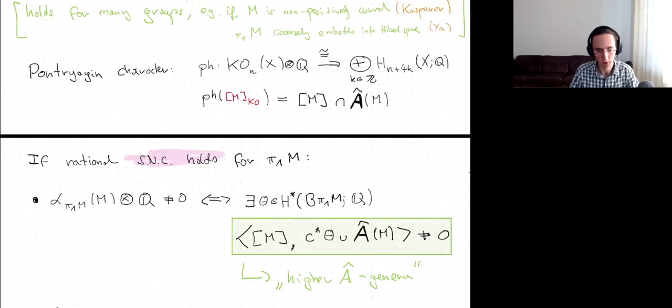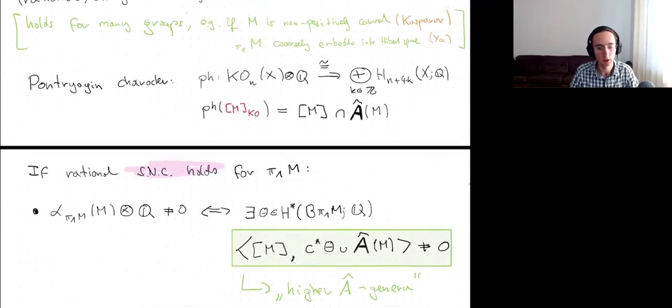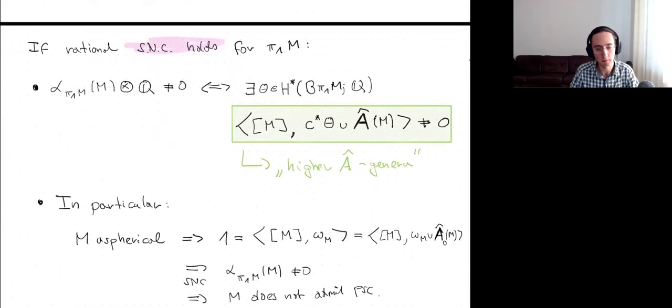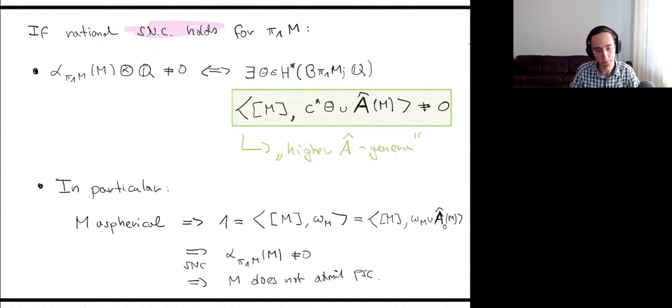All right. In particular, what this means is that if M is spherical and the group satisfies the Strong Novikov conjecture, then you can just take as your cohomology class the class that is dual to the homology class in top degree. If M is spherical, then M can be taken to be the classifying space of pi 1.